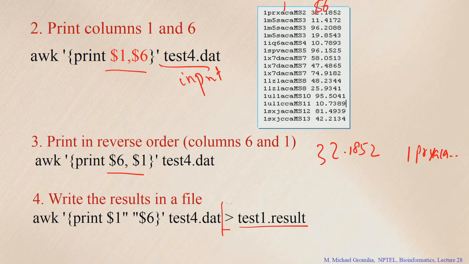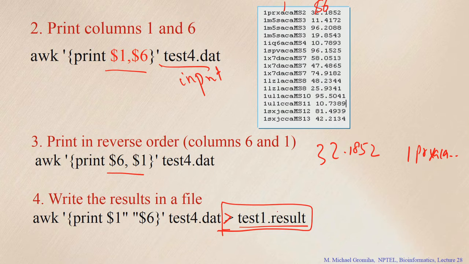This is the extra part we give. This is the same awk print 1 comma 6, and you need to specify where you want to write. So you put the greater than symbol, and the output will go to the file you specify. You can see test 1 dot result.